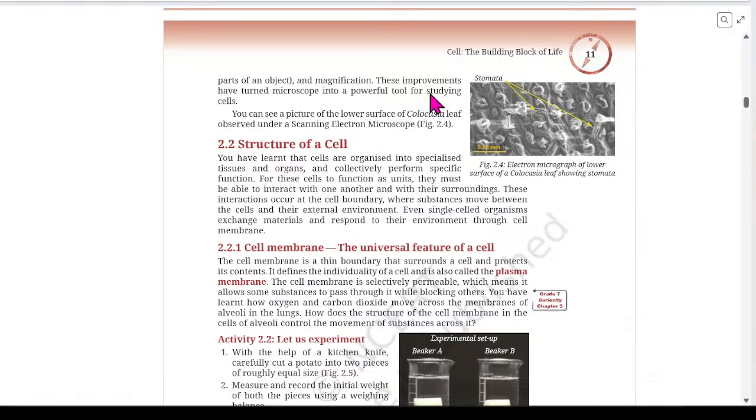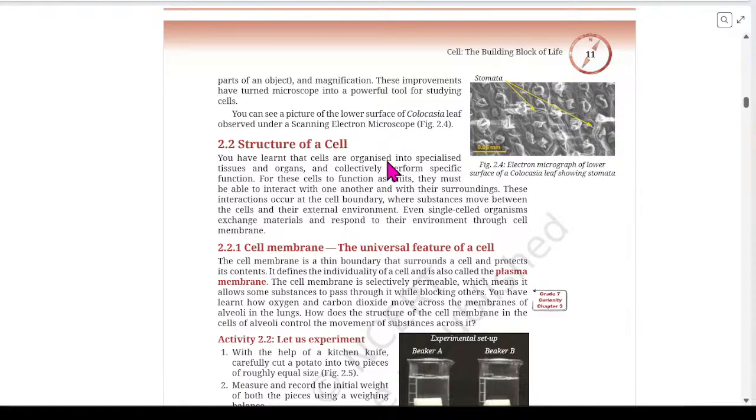These improvements have turned the microscope into a powerful tool for studying cells. You can see a picture of the lower surface of a colocasia leaf observed under the scanning electron microscope, which is also abbreviated as SEM.